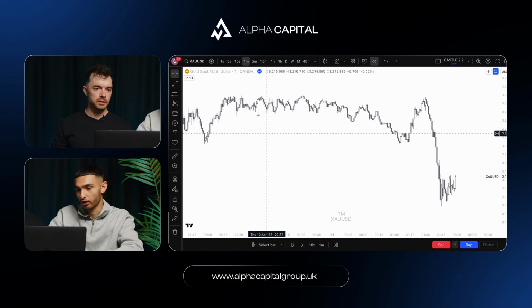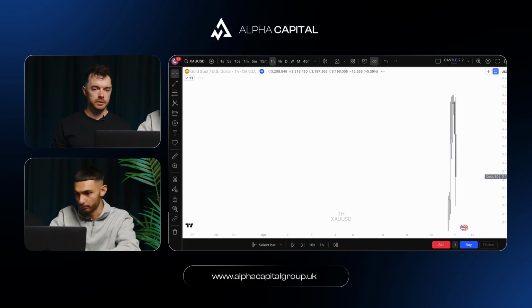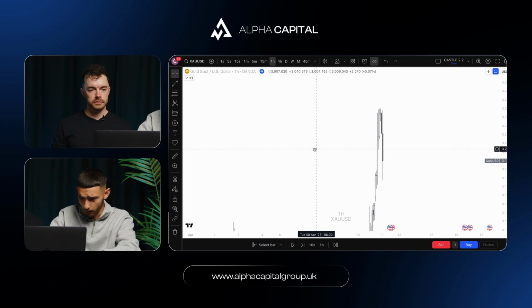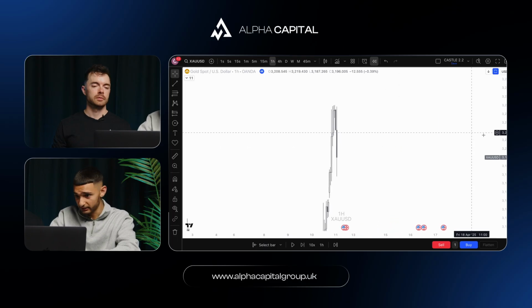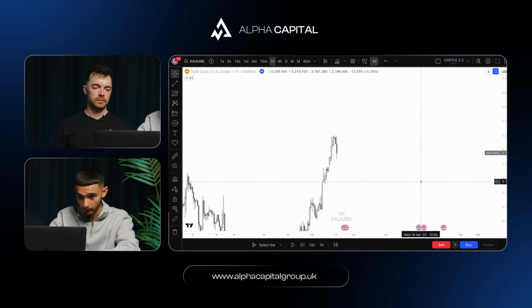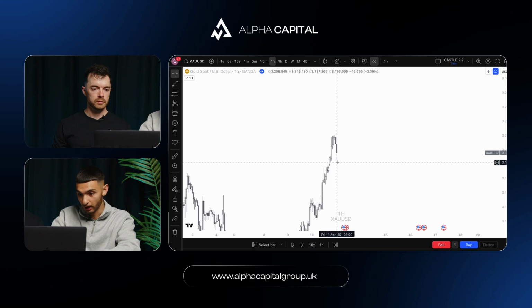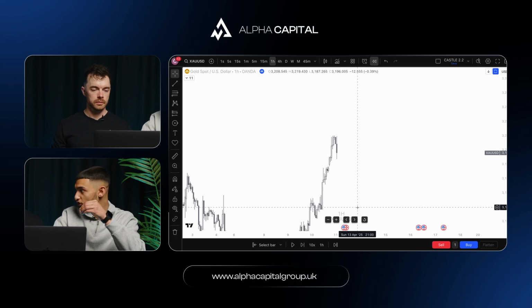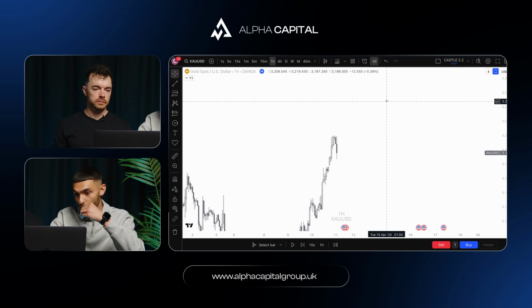But it's just actually learning how to have that discipline to be able to do that, for example. 100%. We've now jumped onto the lower time frame. So once I jumped onto, let's say, the hour, we can see on gold right now that we want to come and sweep down these lows right here and make a structure for us to carry on going up.